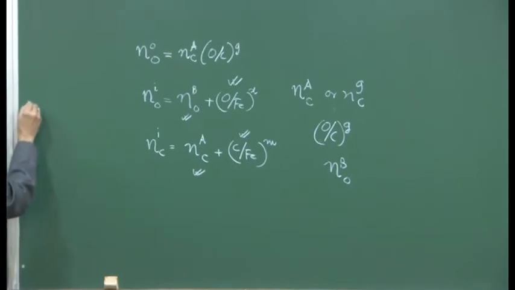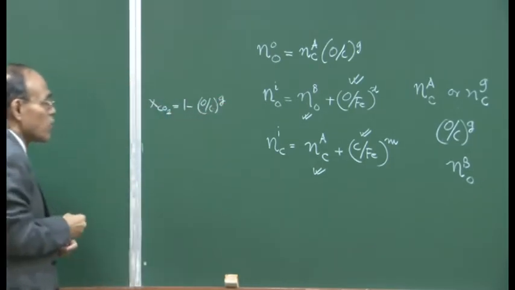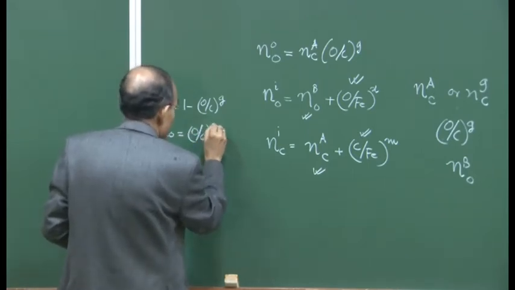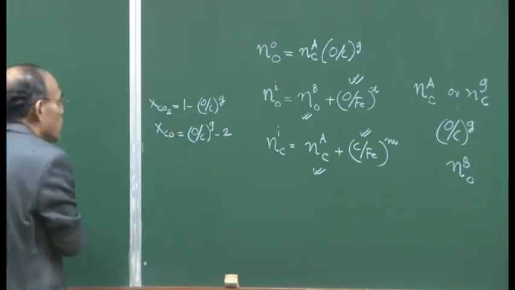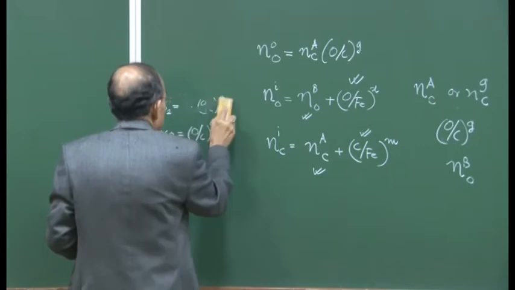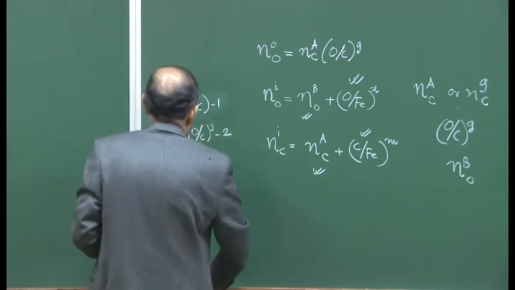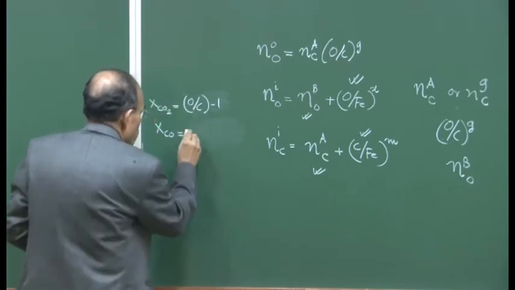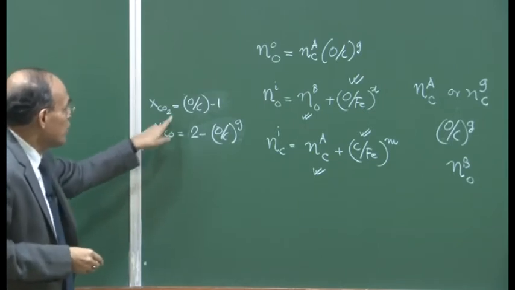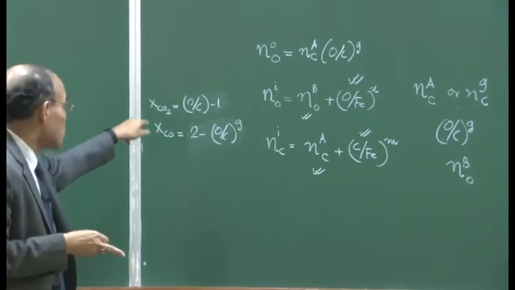In the carbonaceous portion of the gas we have this relationship: 1 minus O by C, O by C minus 1, and 2 minus O by C. If you add this up, x CO2 plus x CO, this side becomes this and this will cancel out, and this will give you 1, because we are talking about only the carbonaceous portion of the gas. So this relationship is valid.